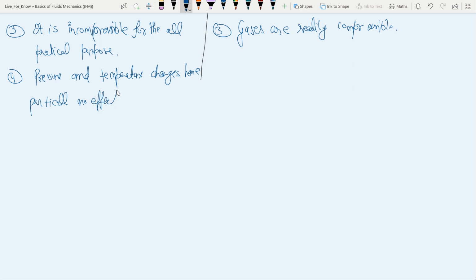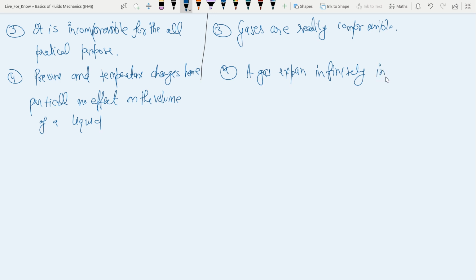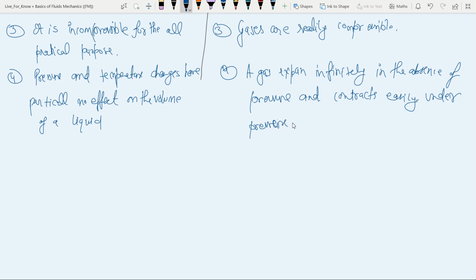A gas expands infinitely in the absence of pressure and contracts easily under pressure.